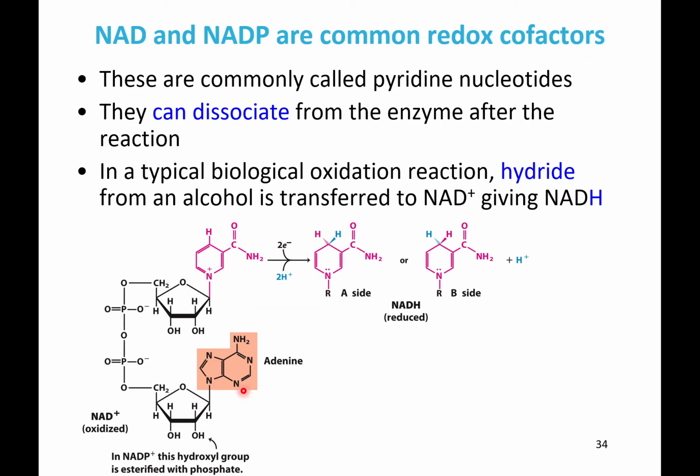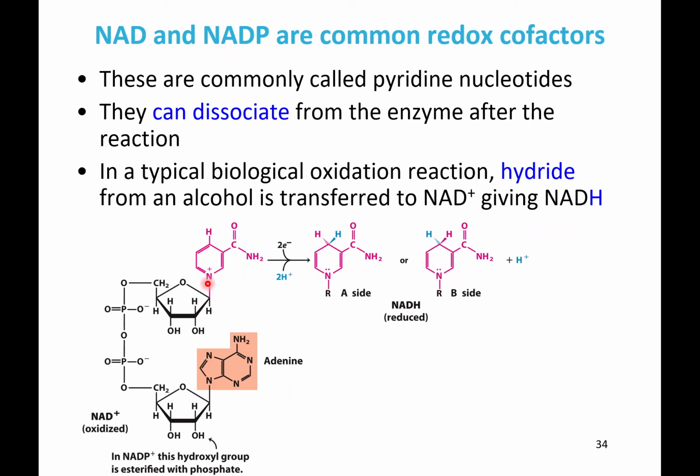We have an adenine base here, although that doesn't really do much in this molecule. And then you have two riboses connected by a diphosphate. So that's where the dinucleotide, adenine dinucleotide is this part, and then nicotinamide is up here.